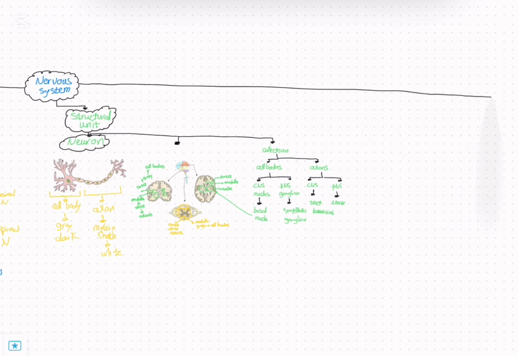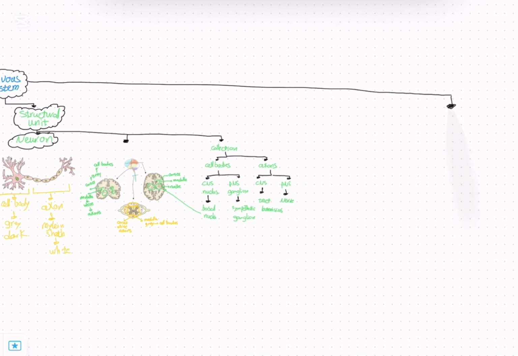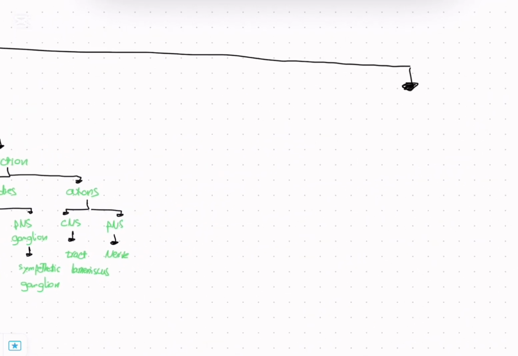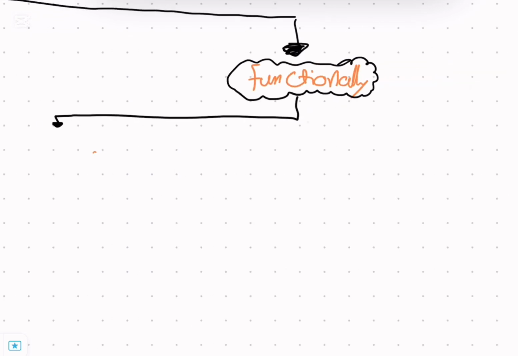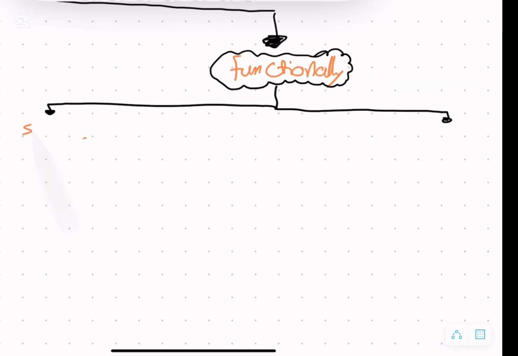Now that we have understood the general structural divisions of the nervous system, let's move on to discuss its functional division. Functionally, the nervous system is usually divided into two main parts, the sensory or afferent division and the motor or efferent division.